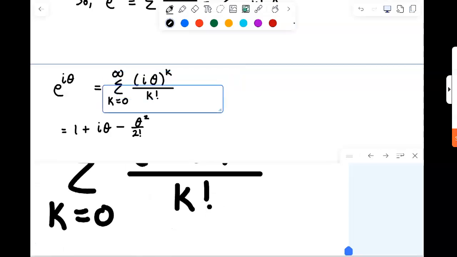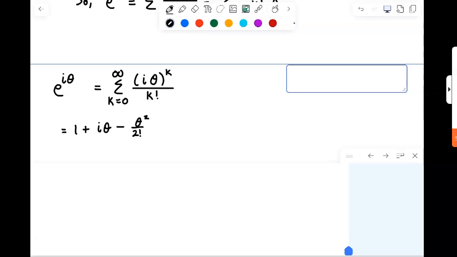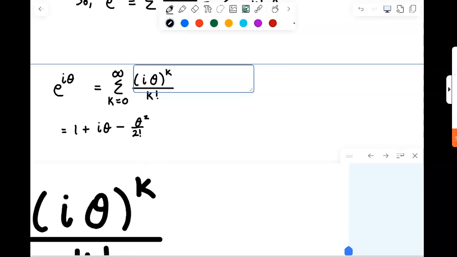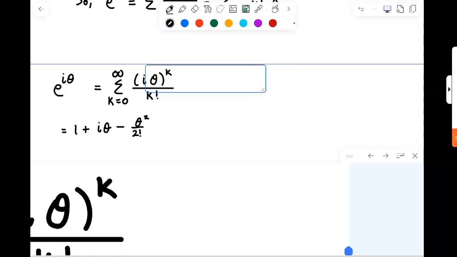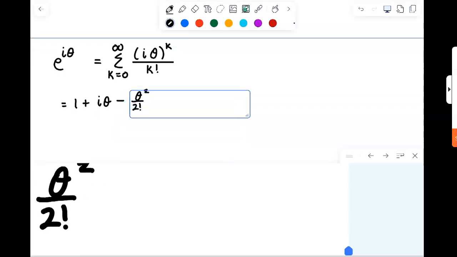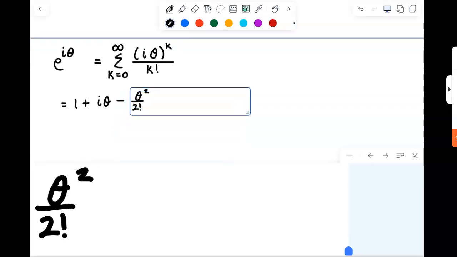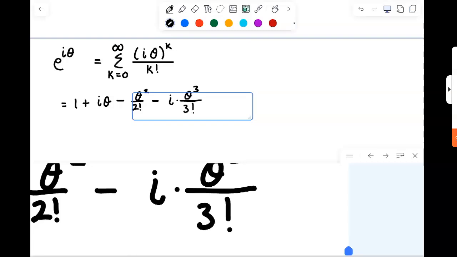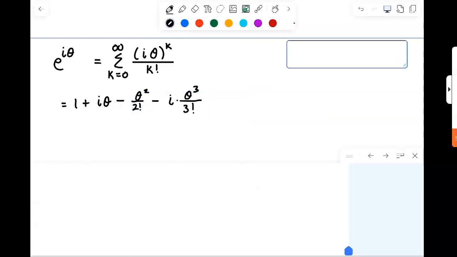Then we keep going. k equals 3. Well, then we're going to be dealing with i to the third. i to the third is negative i. And then that'll be theta to the third over 3 factorial. So this is going to be minus i times theta to the third over 3 factorial. And then we're going to keep going for a few more terms.